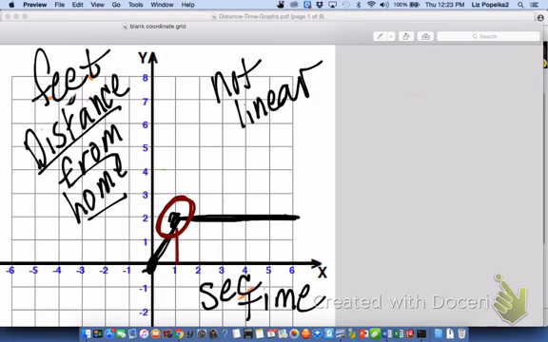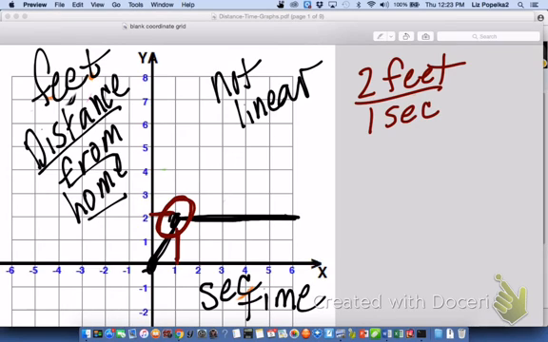Now let's look at some points and get a little deeper into it. I'm just coming up with the same first coordinate. I traveled 2 feet in 1 second. I can just tell by looking at the graph. And then I'll pick a coordinate right here, where this crosses on that line at the corner.